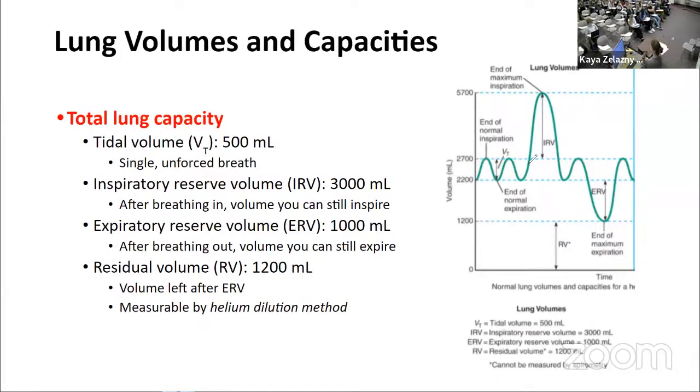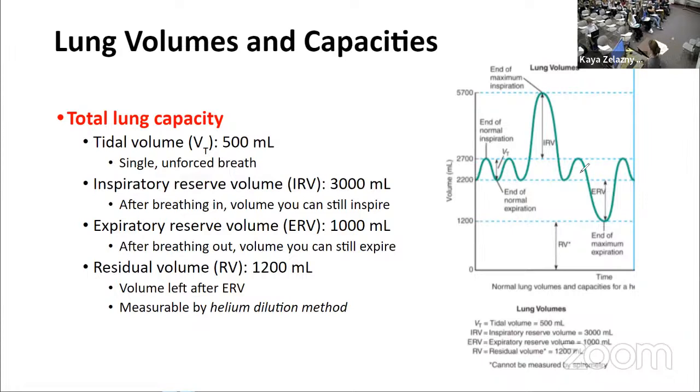So if we're not breathing just easily, like we're not just measuring tidal breaths, we might want to know, what is the maximum that we can still breathe in? So if you breathe in an easy tidal breath, you might then be instructed to breathe in a really deep breath.